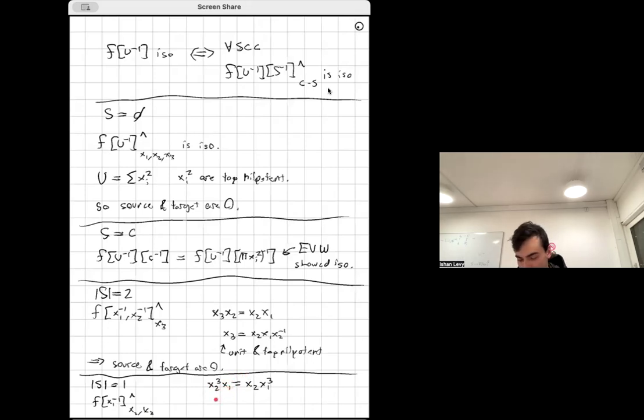And so what this tells you is that if you look at x2 cubed, it's equal to x2 x1 squared if x1 is invertible, which is true here. And so that's kind of a weird situation to be in. It's saying that a large power of x2 divides a smaller power of x2, or it's really the same as a smaller power of x2 up to a unit.